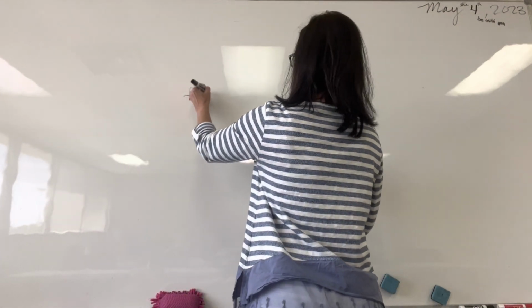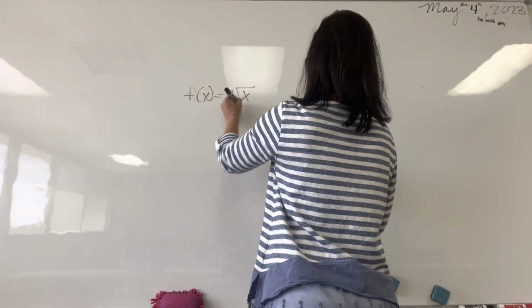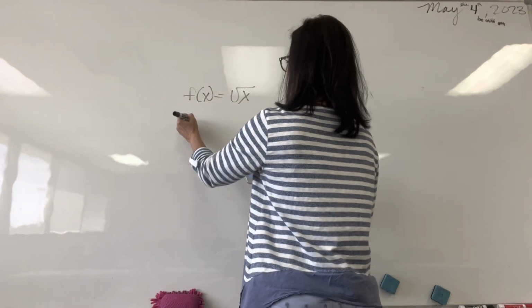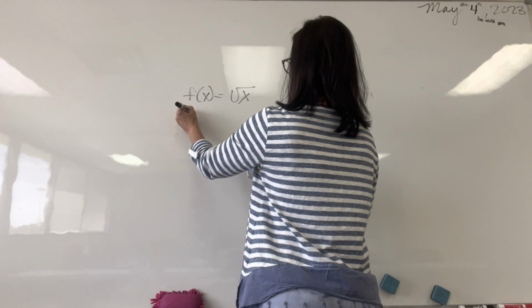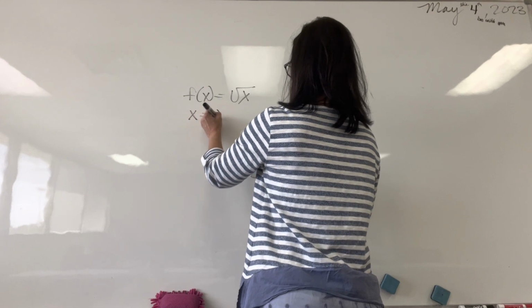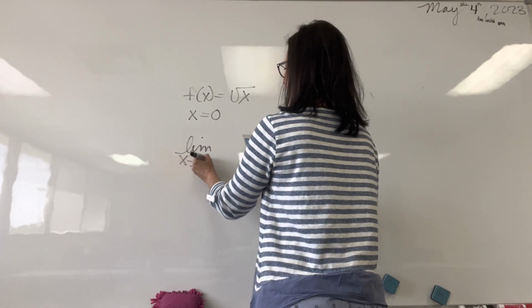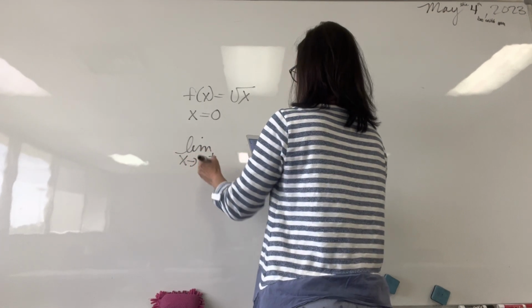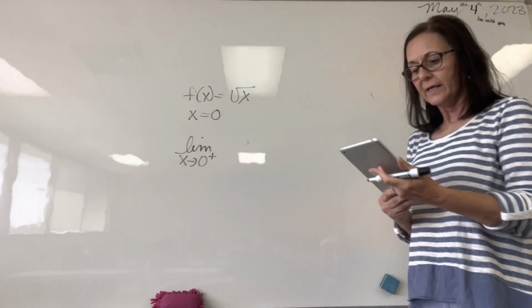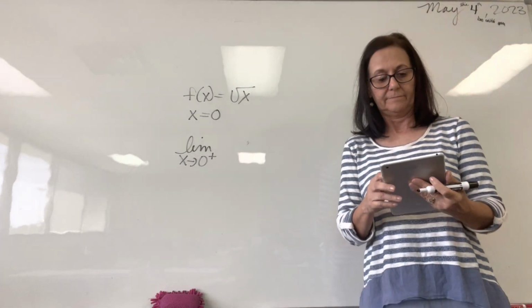The function is... so is it continuous from the right at x equals 0? From the right, the limit as x approaches 0 from the right. Is it continuous?